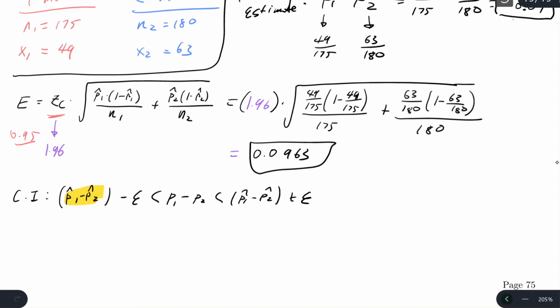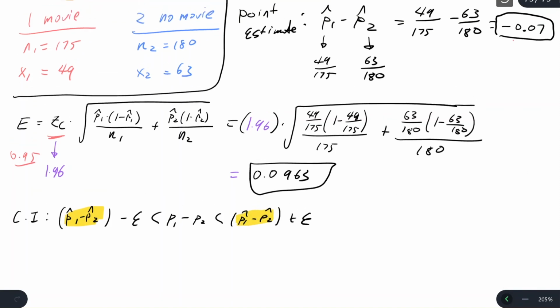That's why we always find the point estimate first. We can think of the point estimate as the beginning value we start estimating from. That's why it's called an estimate. And the reason it's called a point estimate is because it's one point. This is one number. From this one number, we subtract and add the margin of error, which is this.